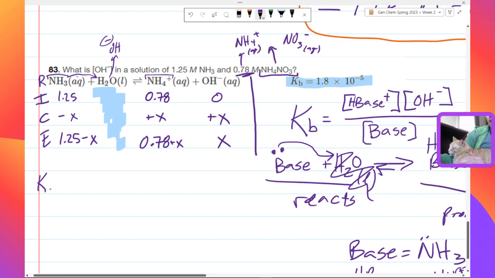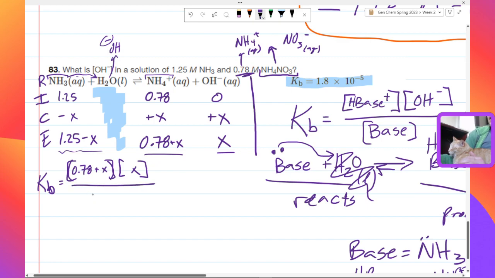So our Kb this time is going to equal products over reactants, conjugate acid and hydroxide over our starting base concentration. I'm admittedly being a bit sloppy.